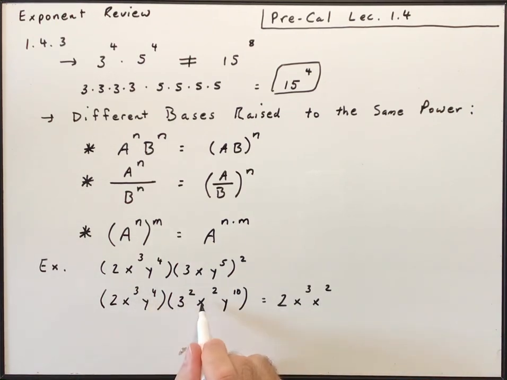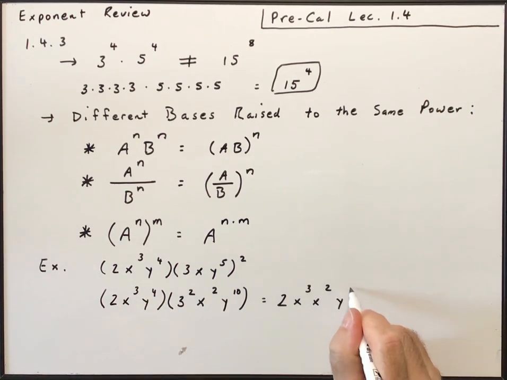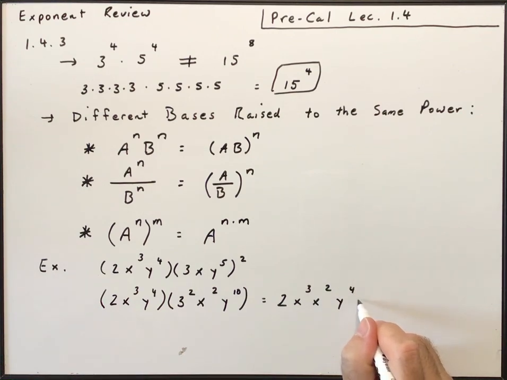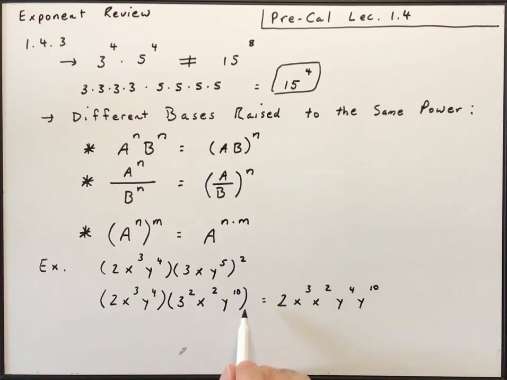X cubed, x squared, times y to the 4th, y to the 10th. I'm just putting them together. You don't have to do this. I'm doing this for illustrative purposes. And then 3 squared is 9. So to finish this up, that would be 9 times 2 is 18.